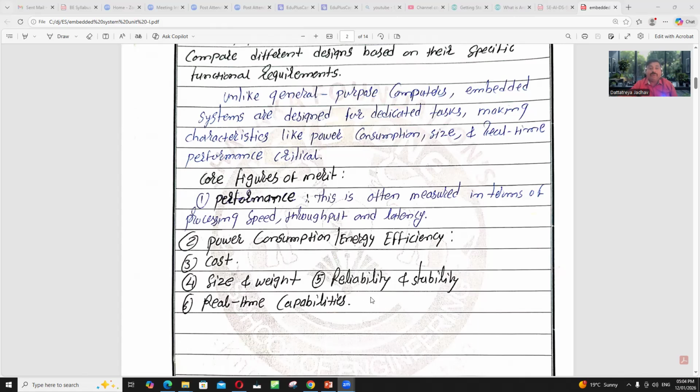Real-time capability: whatever time period is given for a particular task execution, it should be performed within that time. So that is important. Just take one example: self-driving or AI-based driving. Suppose an obstacle is present near the vehicle.